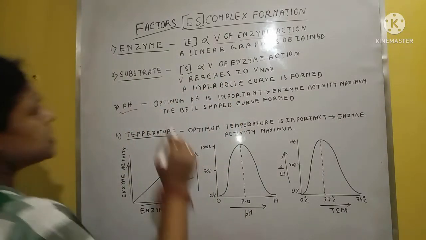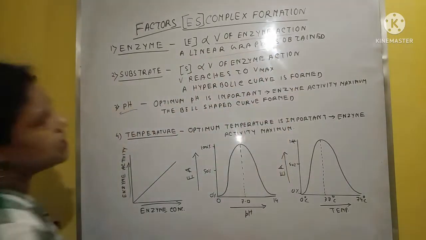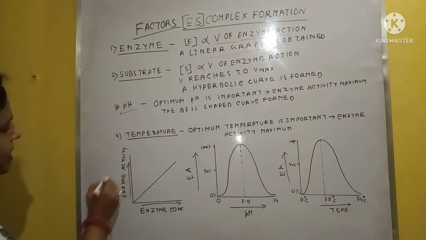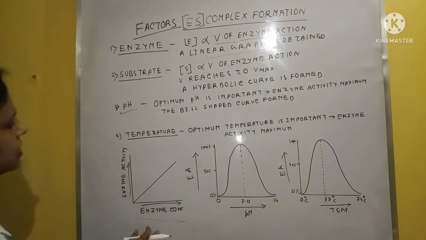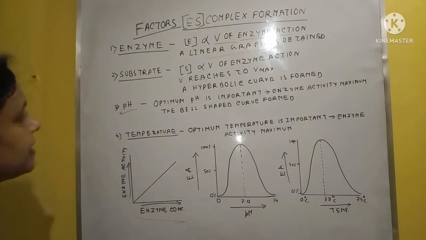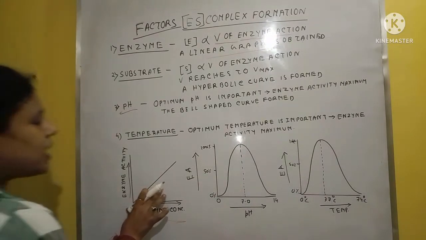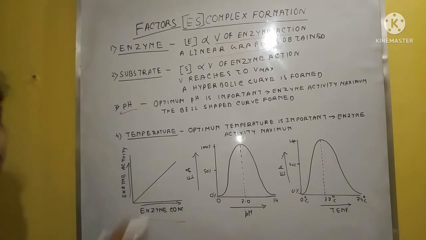So here you see that a linear graph is produced. This is the enzyme concentration versus enzyme activity graph, and it is linear. So what we learned is that E is proportional to the velocity of the enzyme action.